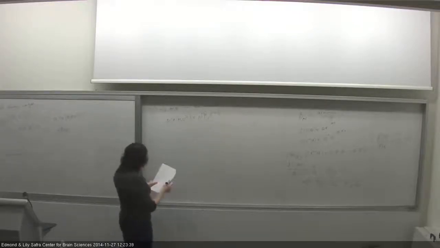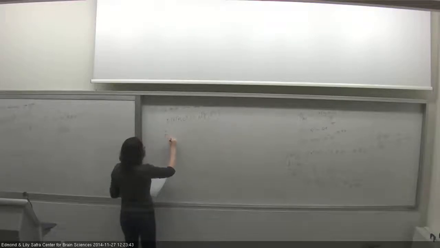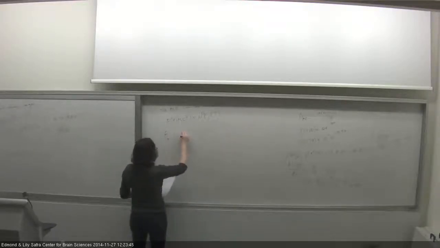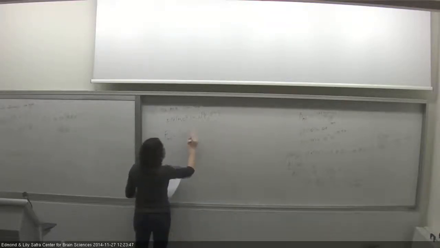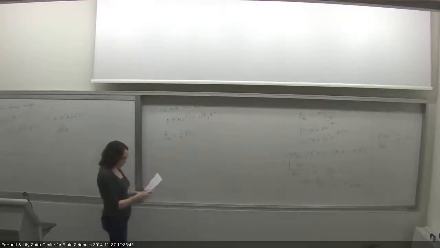You saw in class that the maximum likelihood estimator for the mean is just the empirical mean, and that it's unbiased, right?